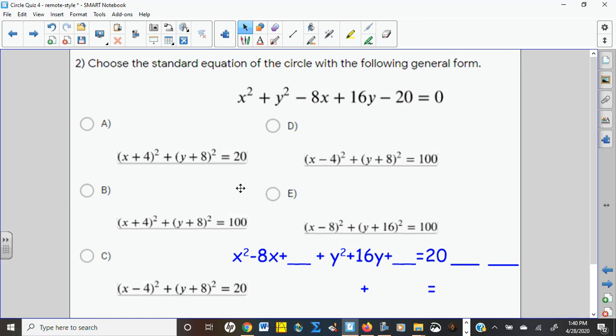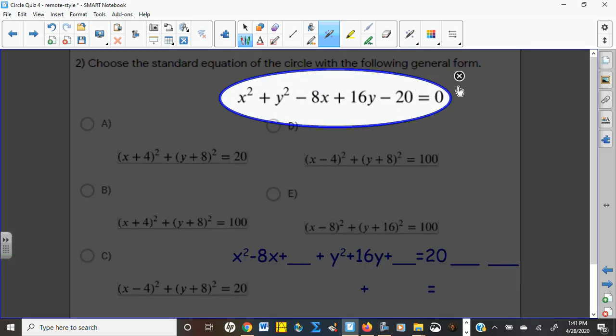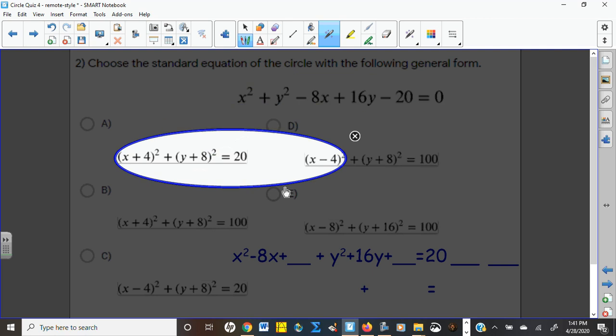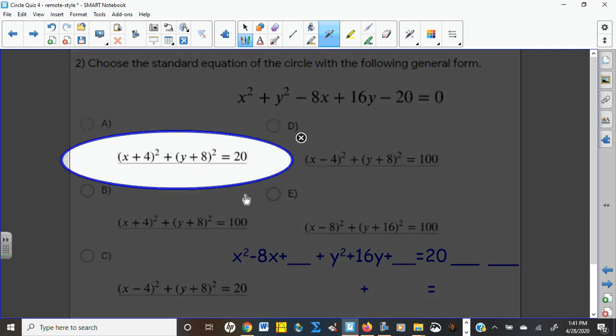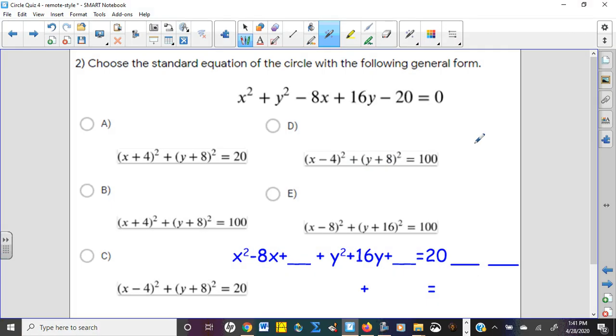Once again, equation of a circle. This time we have an equation that's in what we call general form, general conic form, and we need to turn it into standard form, which is your x minus h, y minus k equals r squared form. But how do we do that? Well, we use a trick called completing the square, right?